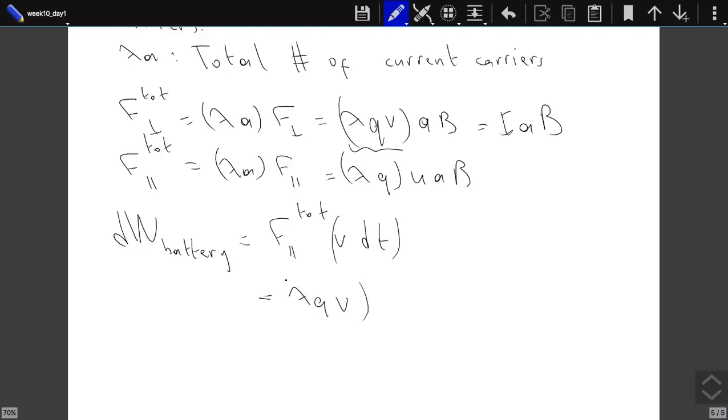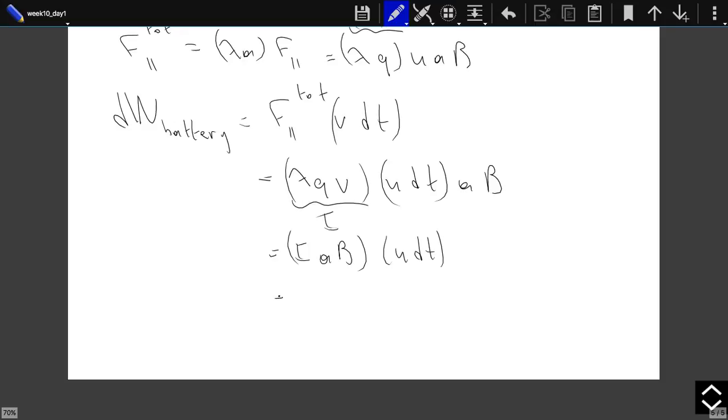This is lambda Q times V times U times B times dt. This is I times A times B times U times dt.